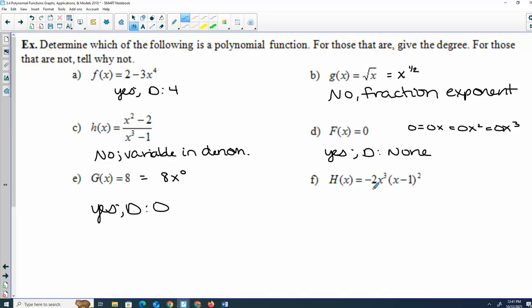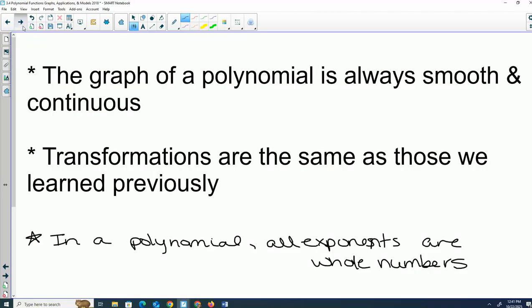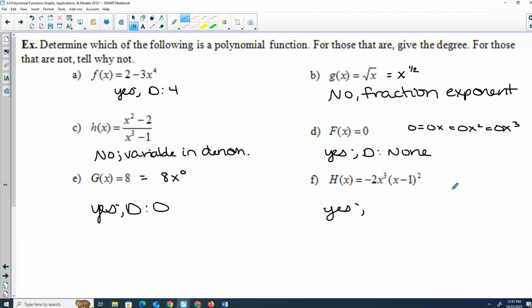And f. If I multiplied this one out, would it be a polynomial? Yeah, we multiply it all out. Okay, my degree is the highest power when it's all multiplied out. So I could sit and multiply this whole thing, but I really don't even have to. I just have to think, if I multiply it out, what would my highest power of x be? X to the 4th. I have 3 right here, but you would square this first, right?